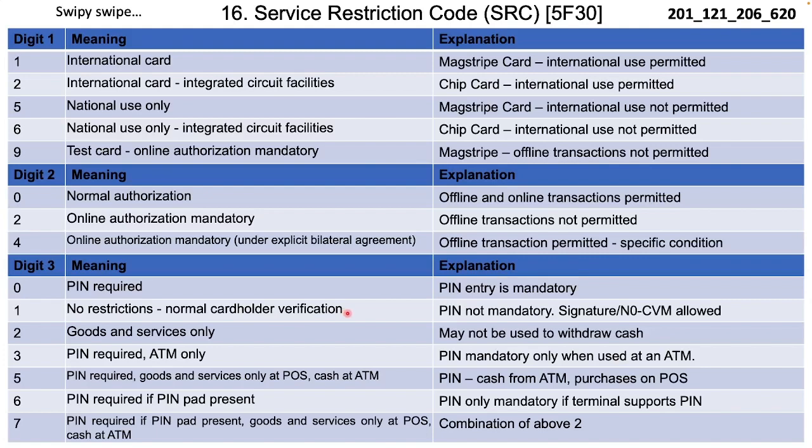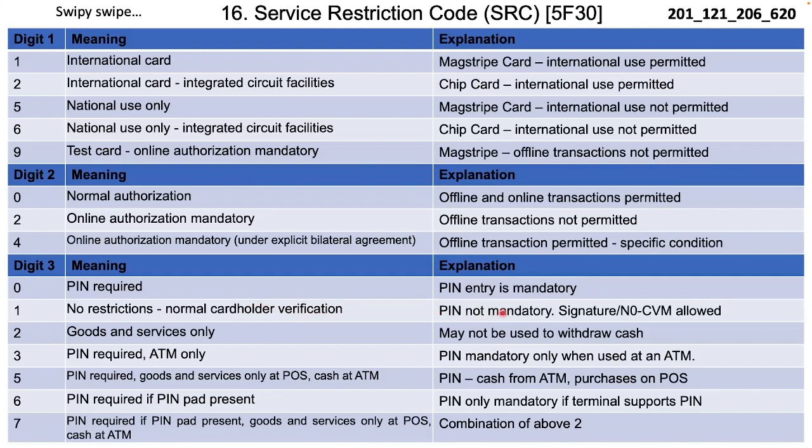So what we know now is that by looking at the 3 digits, we've got a chip card that may be used internationally, that may perform online and offline transactions, and PIN is not mandatory, right?